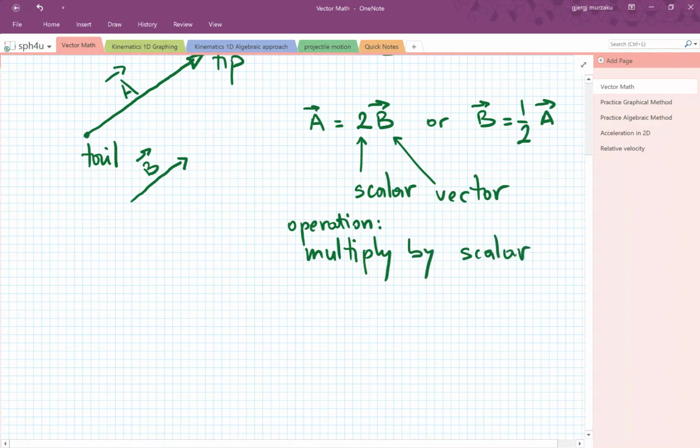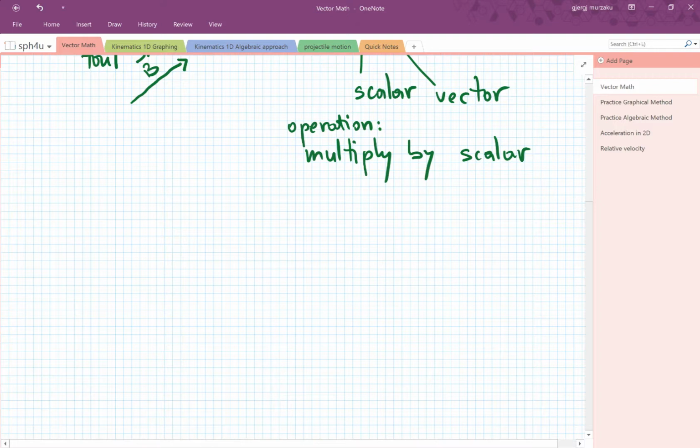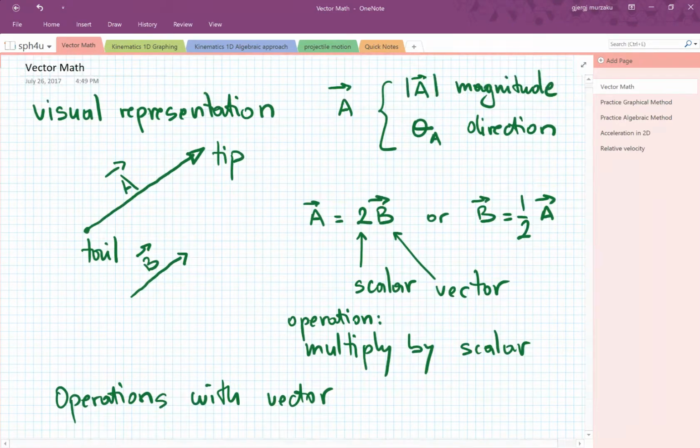All right, so far. So to give you an idea of what else can we do? Obviously we need to know about operations with vectors. So vector quantity is a quantity that needs, again, magnitude and direction.